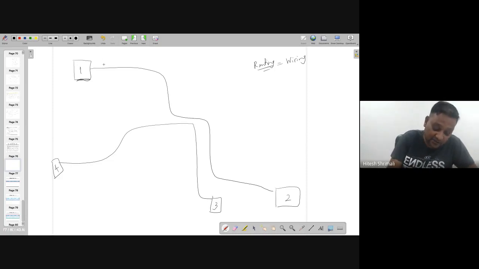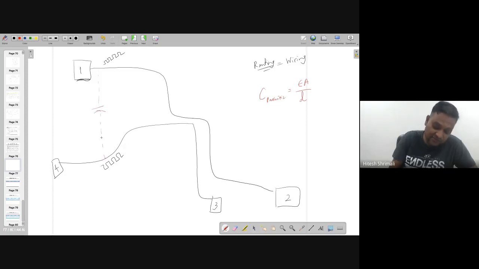Now the thing is, you're working on some frequency, 1 and 0, 1 and 0. Here also you are working with 1 and 0, 1 and 0. As you can see, there are two wires going from one end to another end. It can create parasitic capacitance, with the fact that it's epsilon A by D, right? So it depends on this area and on the distance between the two wires.